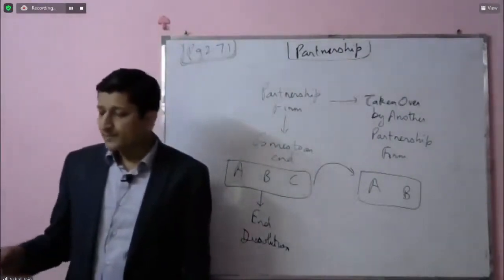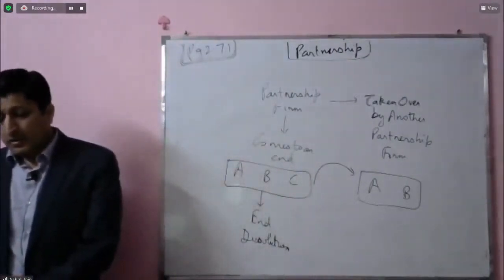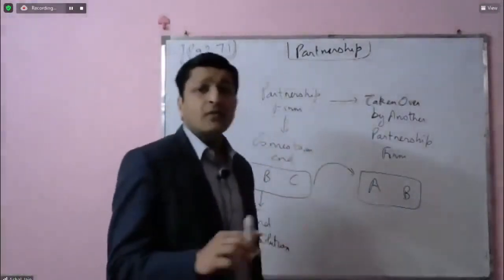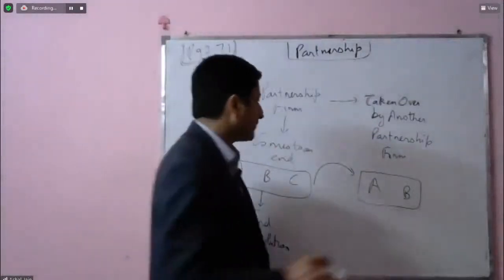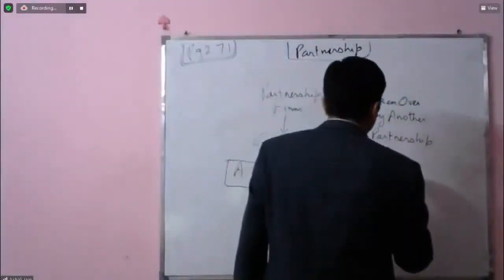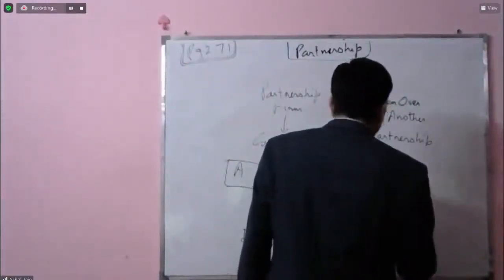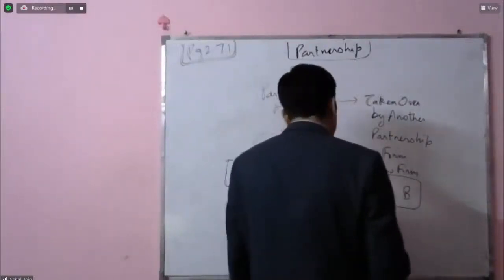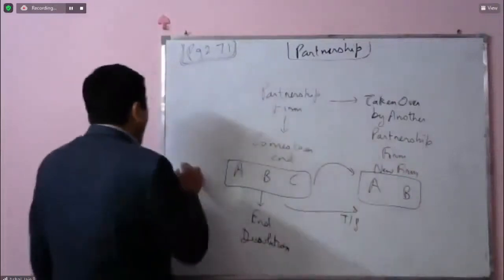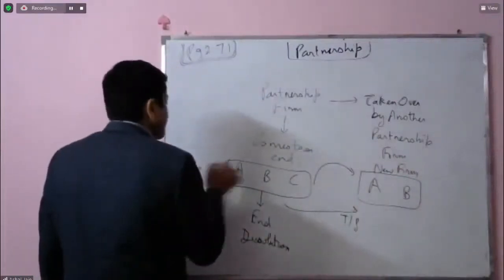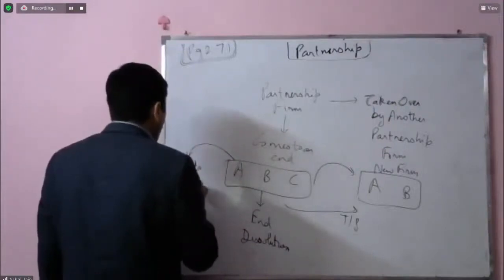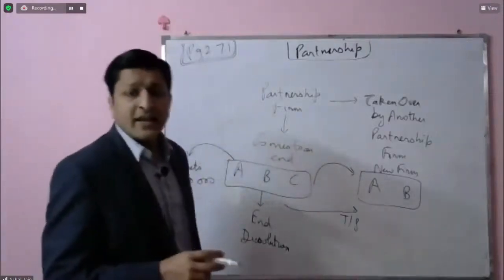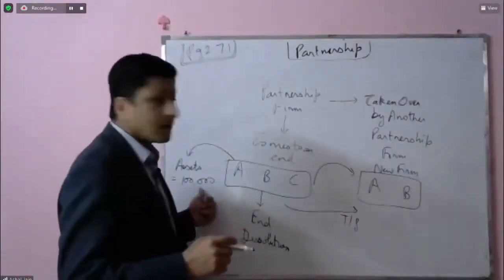In this case, all the assets and liabilities which would have been taken over by A and B, that means the new firm, would get transferred over here. Let's suppose assets in this firm had a book value of 1 lakh, but A and B agreed to take over these assets at 90,000.